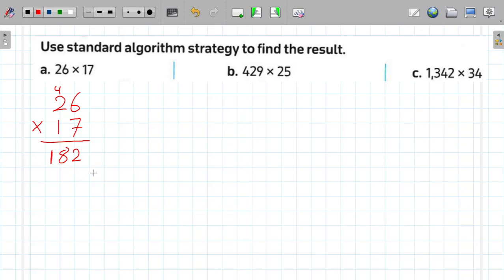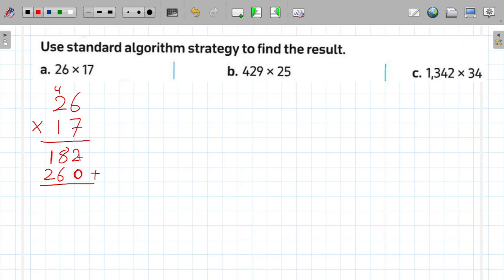182. And after that, I will multiply 26 times 1. But before that, I will write 0 in one digit. Next, I will multiply 1 times 6 equals 6, and 1 times 2 equals 2. After that, I will add the two numbers here.